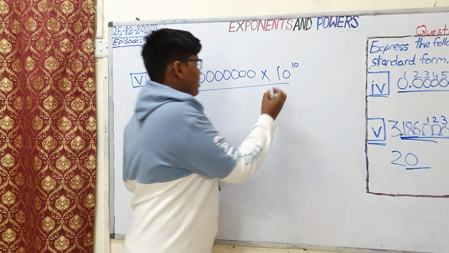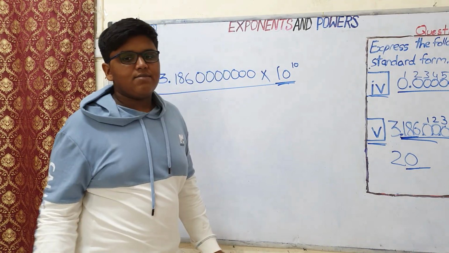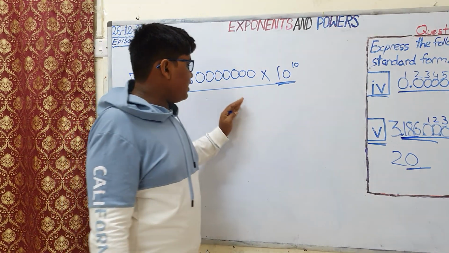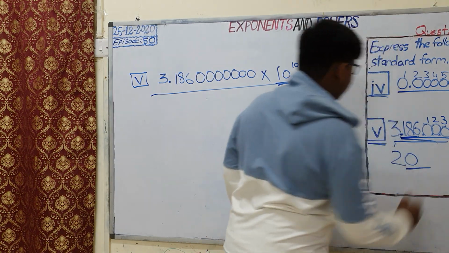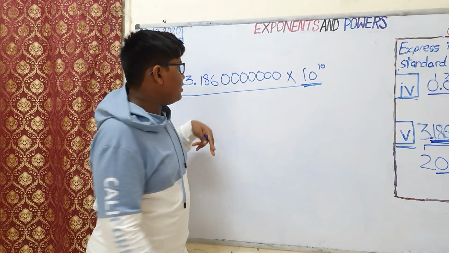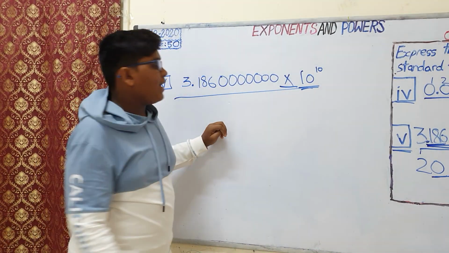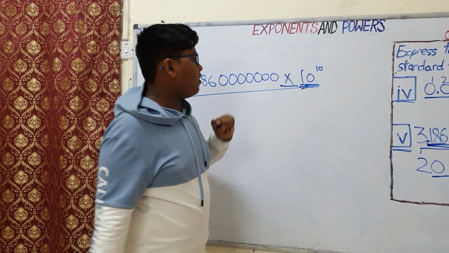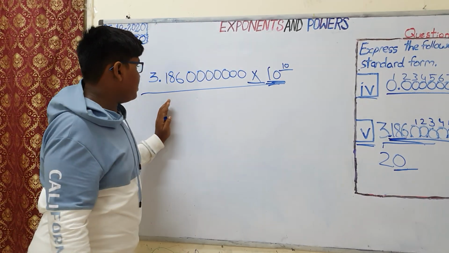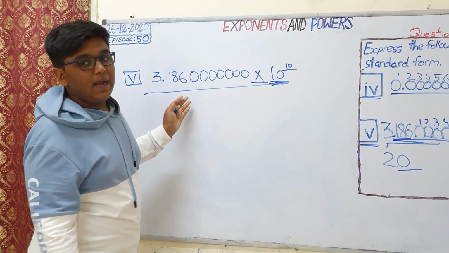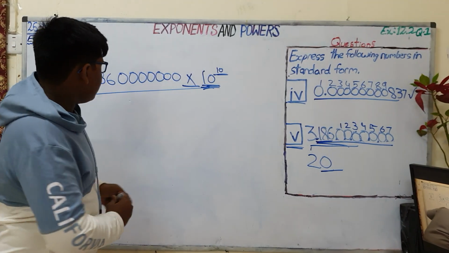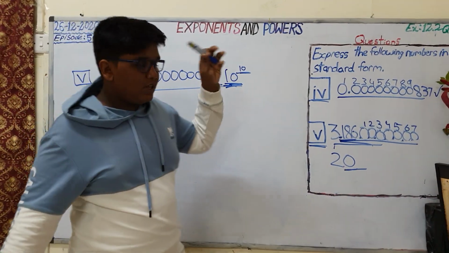In any question like this, without any decimal point, we'll find the decimal point, then write the multiplication sign, and then write 10. Then we'll count how many digits are there after the point, and write that value as the power. This was the answer for the question.